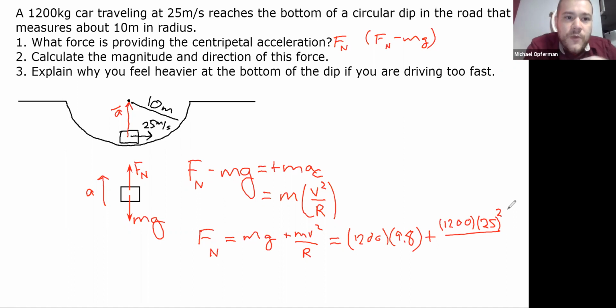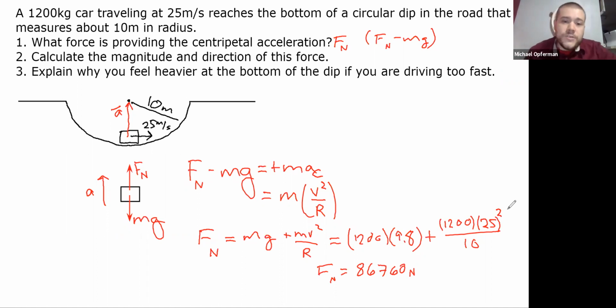Divided by r, the radius of the dip, which is 10. So the normal force is 1200 times 9.8 plus 1200 times 25 squared, divided by 10, and I got 86,760 newtons is the normal force.